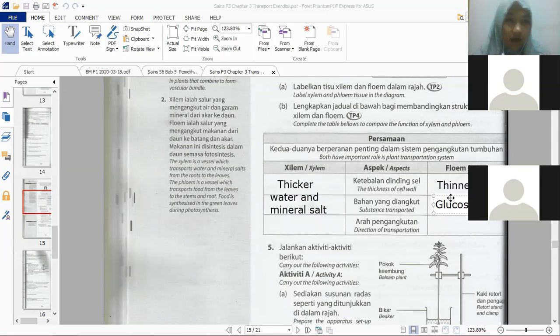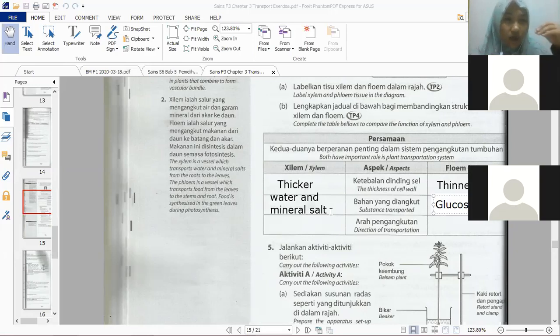Setakat ni teacher tengok ada yang dia kata water and mineral only pun boleh, or you can say water and mineral salt. Okay, why they put salt here? Because the substance is like, dia macam mana nak cakap, salt? Because of mineral salt ni, kenapa dia kata, okay, mineral kan you tahu macam such as potassium or apa minerals untuk for the plants to grow, okay.